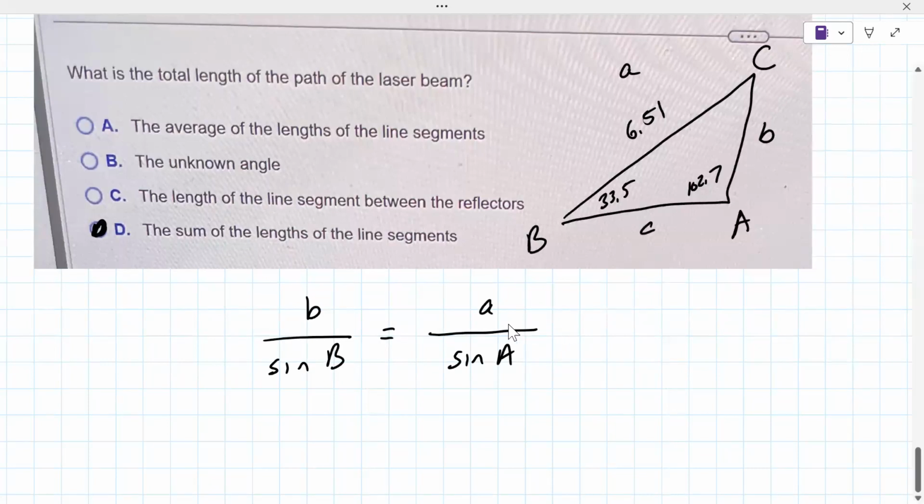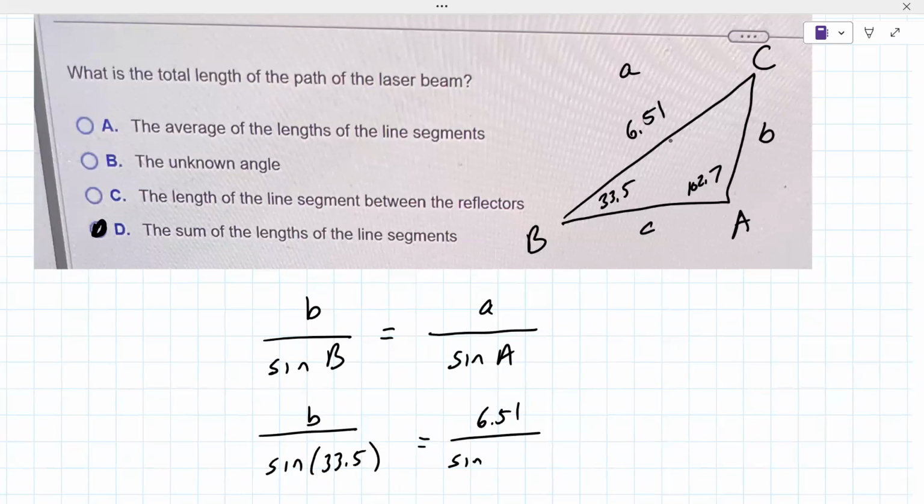The reason I'm choosing these is we want to find B, and we have the angle across from it. We need a known side-angle pair, and we have that here with A. I'm just arbitrarily choosing A. You could use a different letter if you want. So it's B over sine 33.5 equals 6.51 over sine 102.7.